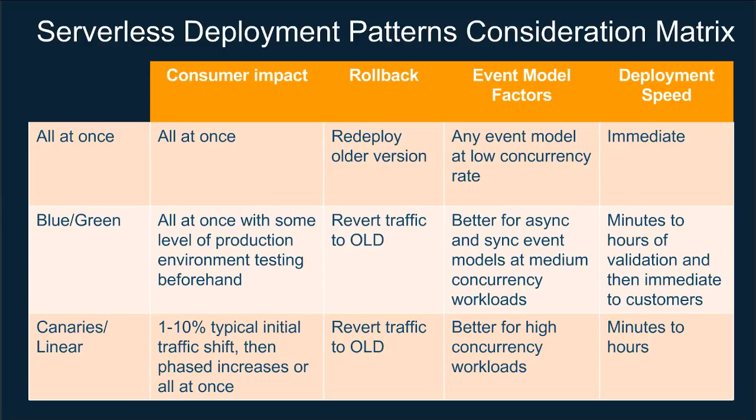For the event model factors, what often comes into this is the concurrency rate, and whether the workload you have could support different types of execution against the same data source. For you, this is going to come down to how much you trust your testing, and how idempotent the requests are that come into your service.